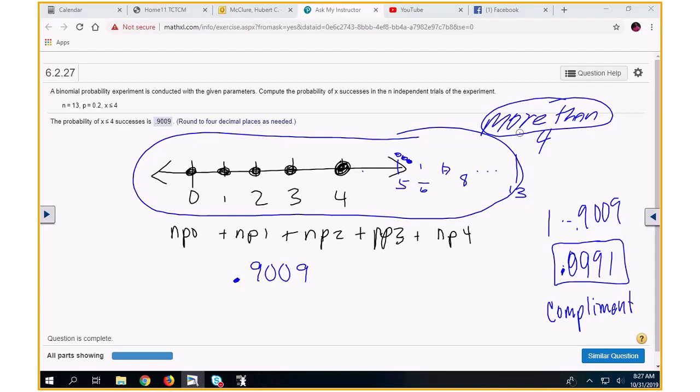Okay? Now remember, binomial, is it PDF? PDF means individual. Each individual X. Everybody with me? Binomial CDF, that C stands for cumulative.